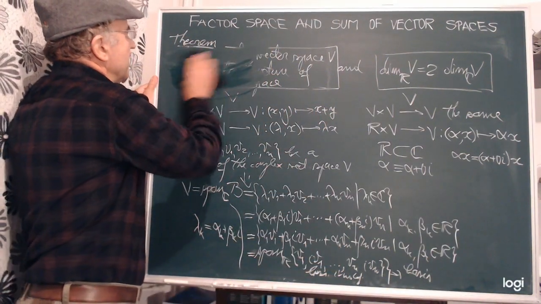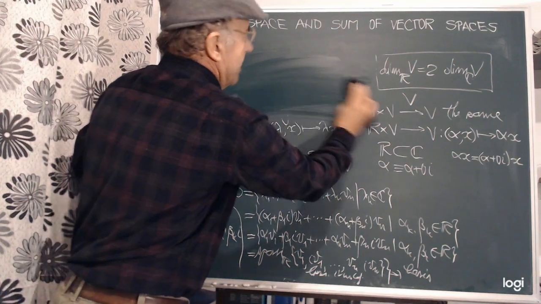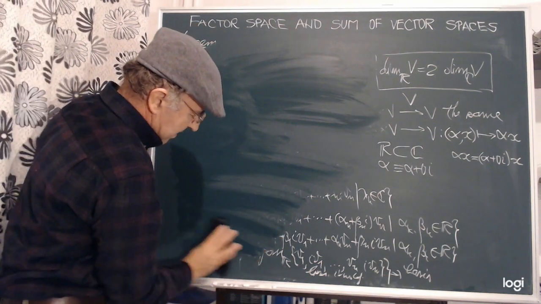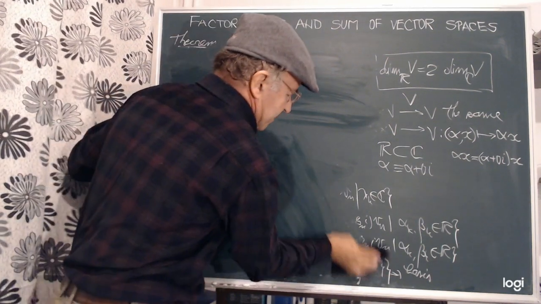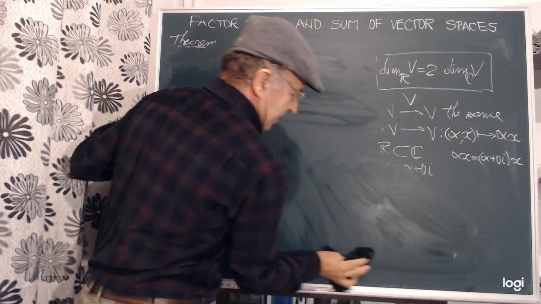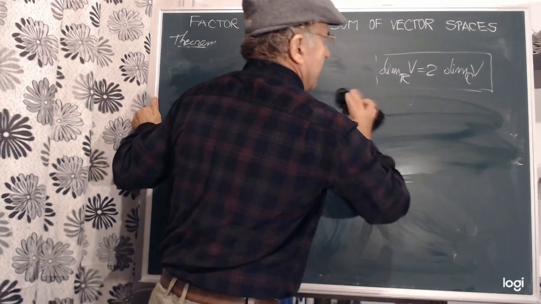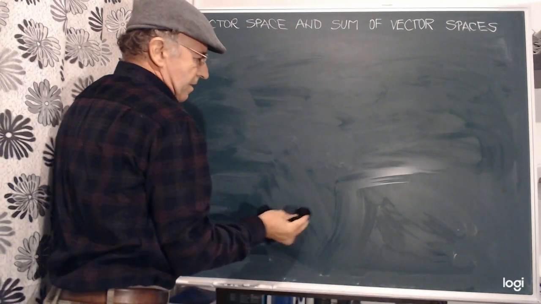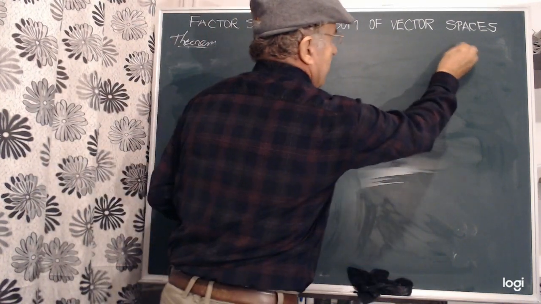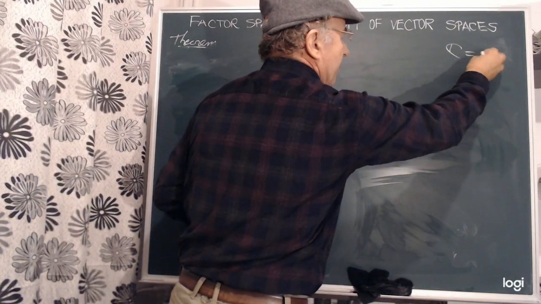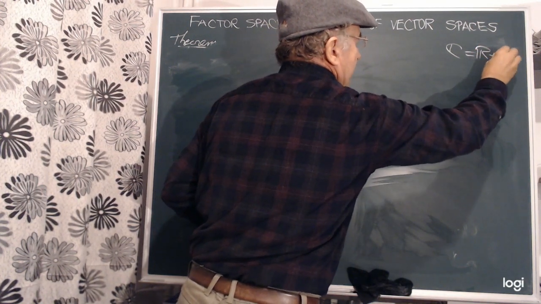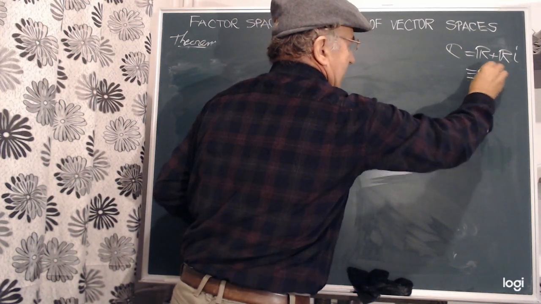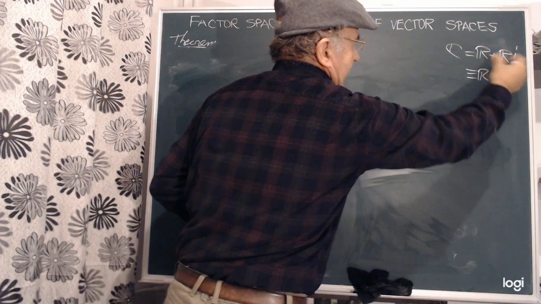Now another relation. If we have a real vector space, we can easily construct a corresponding complex vector space. This is a generalization of the construction of C from R, which symbolically can be written in this way, and it can be identified with a pair.